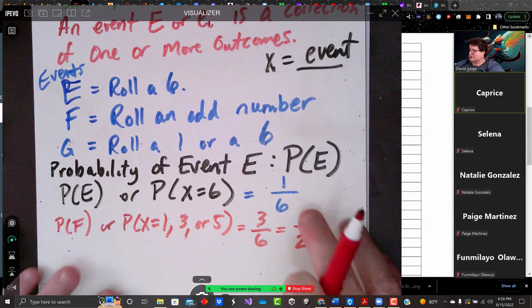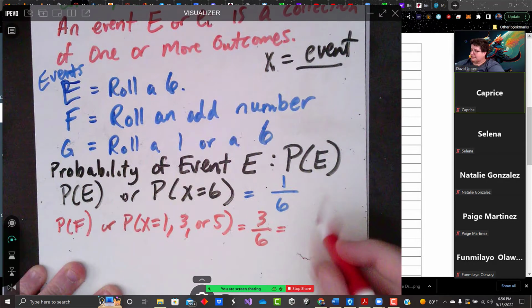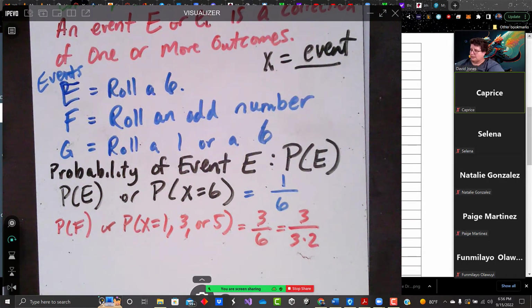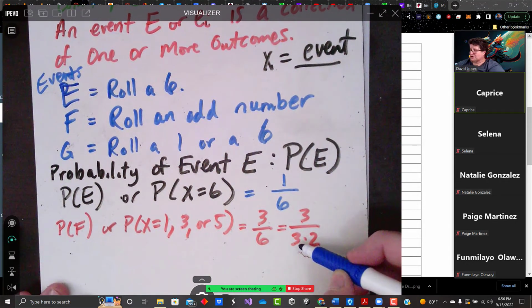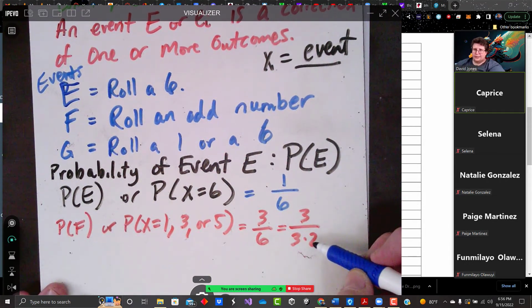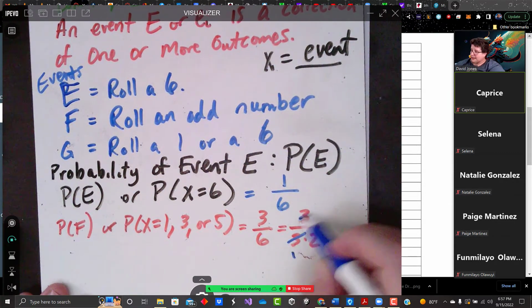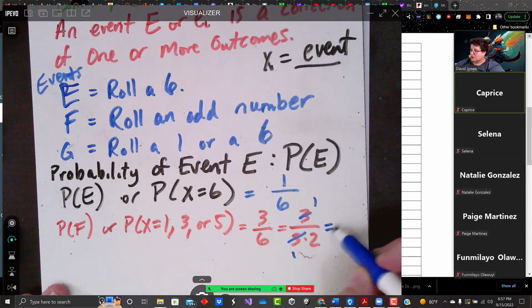As a reminder of how to do it, we could write 6 as 3 times 2. When you see the same number on top and bottom of a fraction, where there's no addition or subtraction in there, just multiplication, you can cancel them out and leave a 1. So I've got 1 on top and 1 times 2 on bottom.